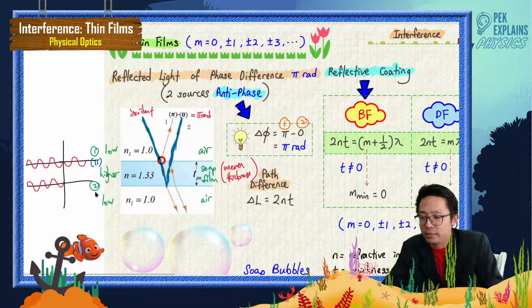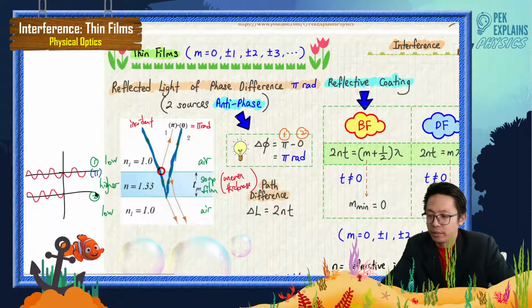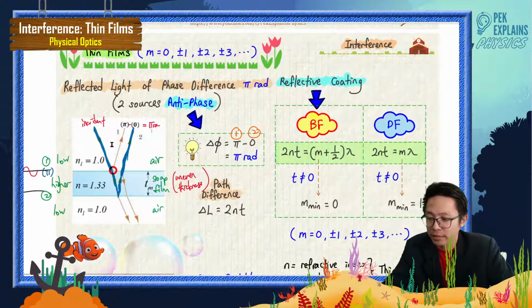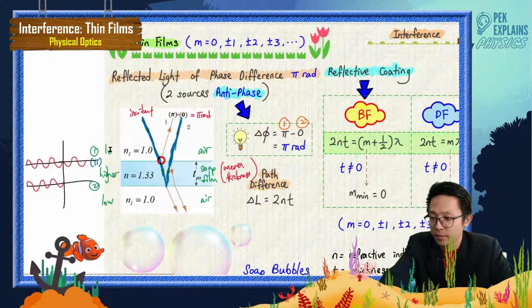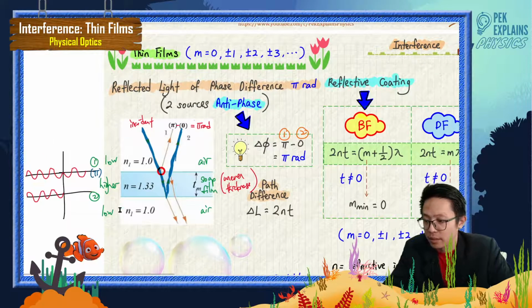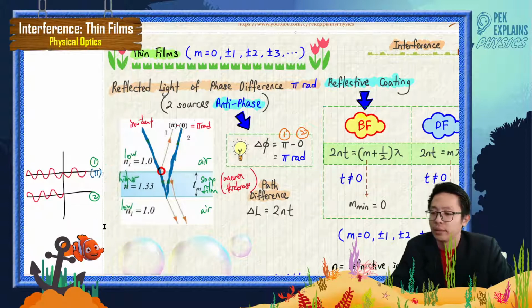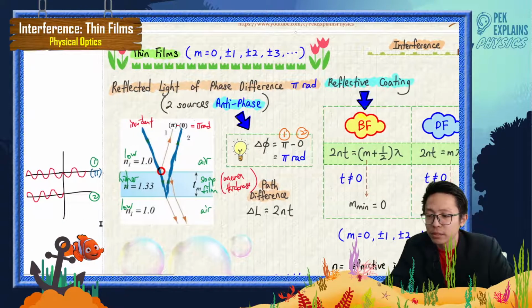Okay. Let me rub this off. Wait. Let me just drag this over. Like that. Okay. Now, let's look at this diagram.